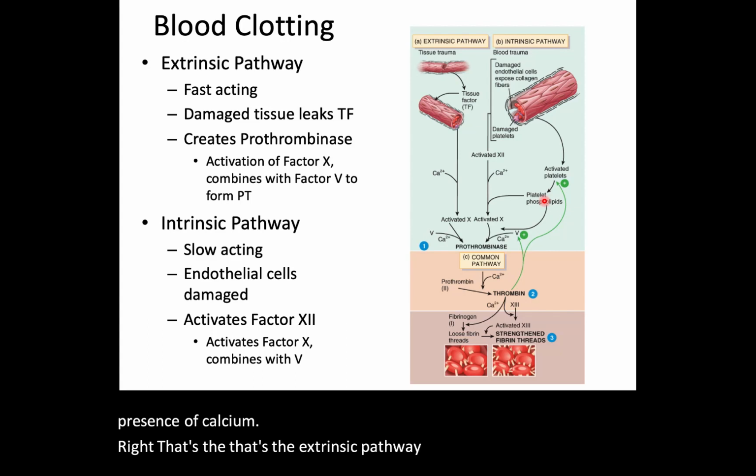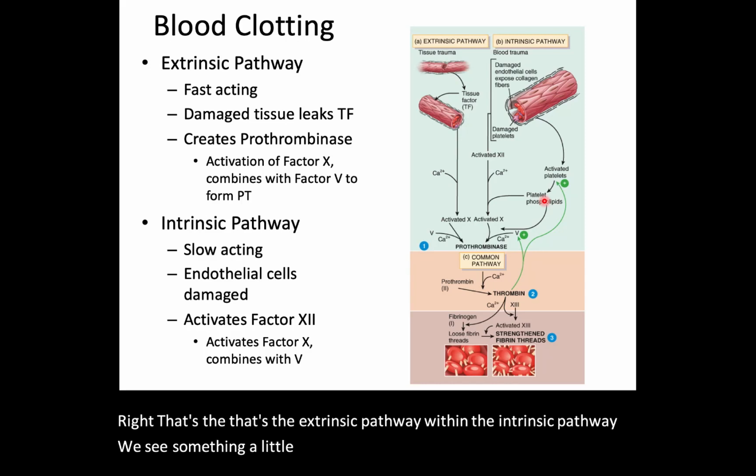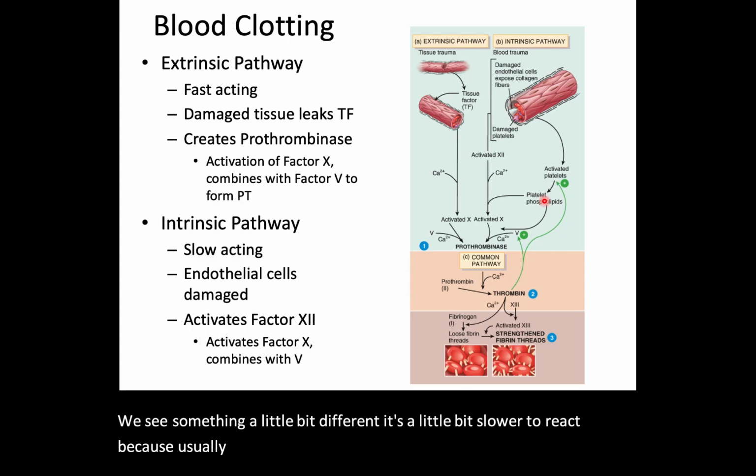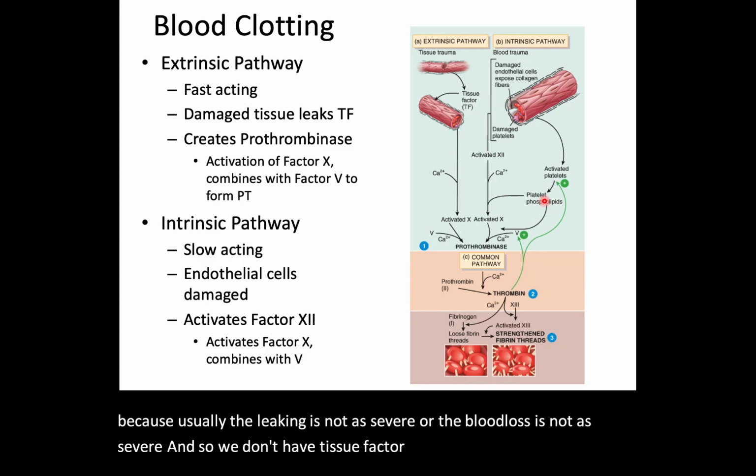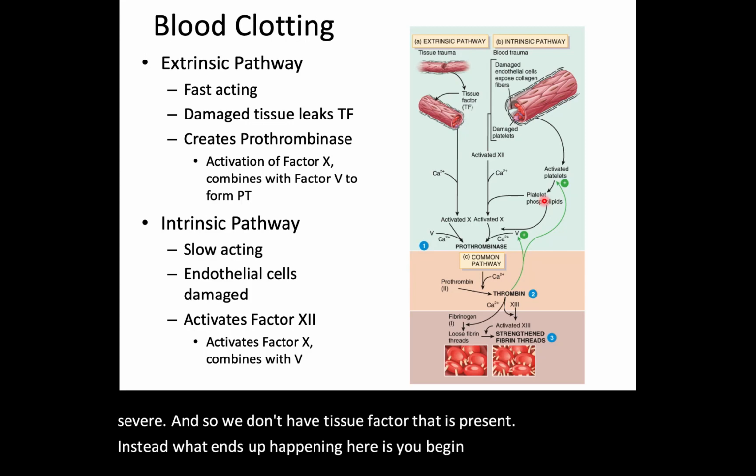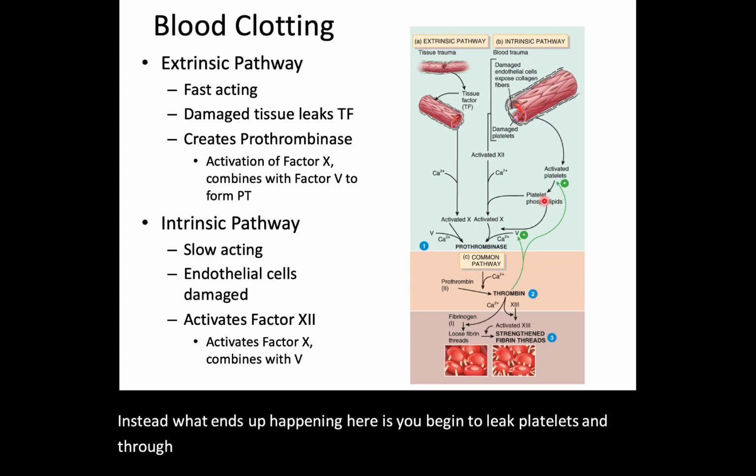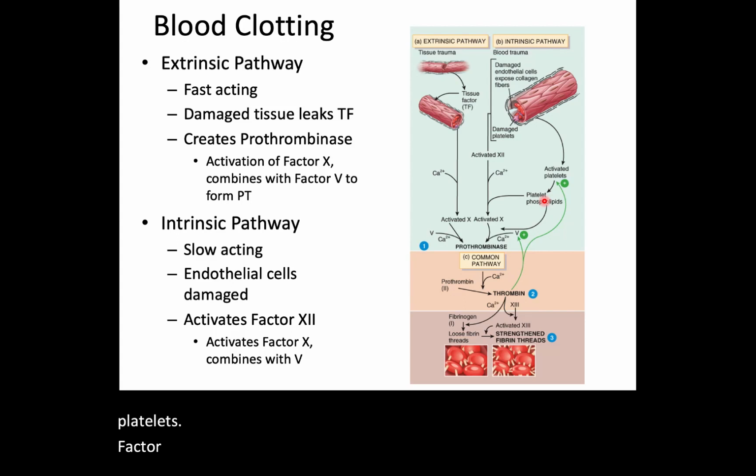Within the intrinsic pathway, we see something a little bit different. It's a little bit slower to react because usually the leaking is not as severe, or the blood loss is not as severe, and so we don't have tissue factor present. Instead, what ends up happening here is you begin to leak platelets through the damaged endothelial cells. And when you start to leak those platelets, factor 7 becomes activated.